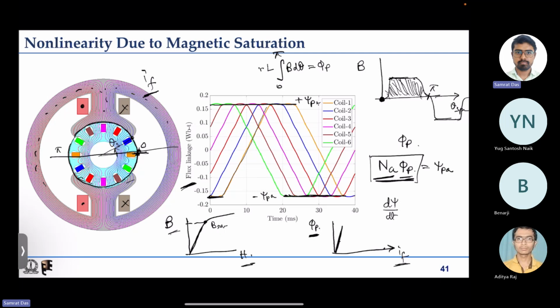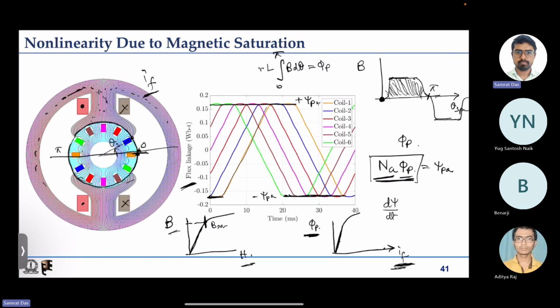But beyond some field winding current, where the B distribution in the core, in the stator as well as in the rotor, exceeds this B saturation limit, then what happens? Even if we increase IF by a larger amount, the flux per pole does not increase proportionally, but increases slowly. So this will become nonlinear.